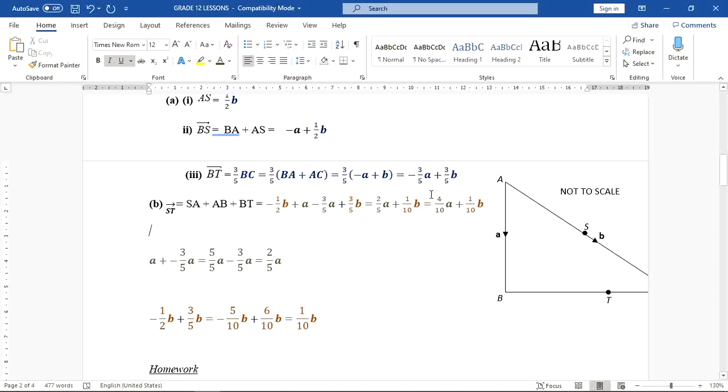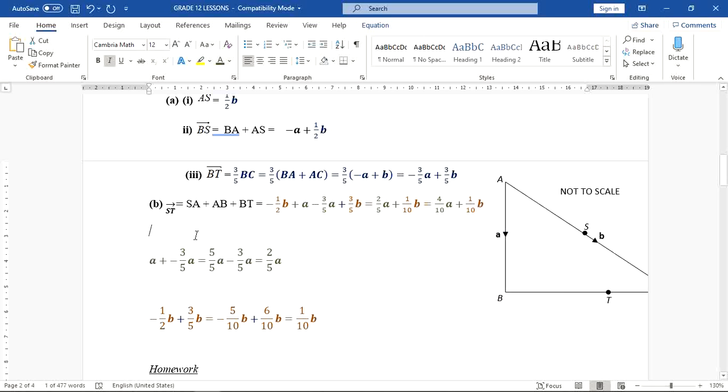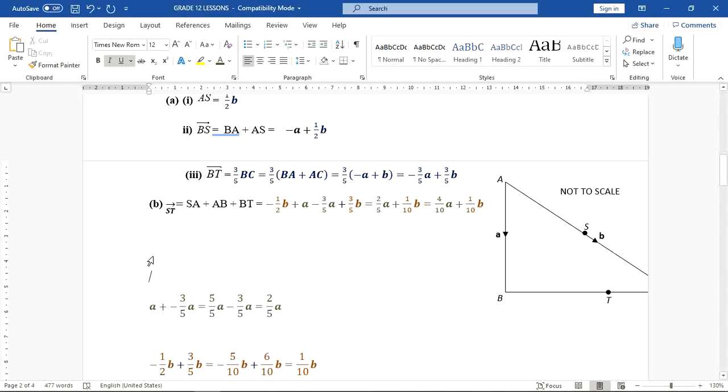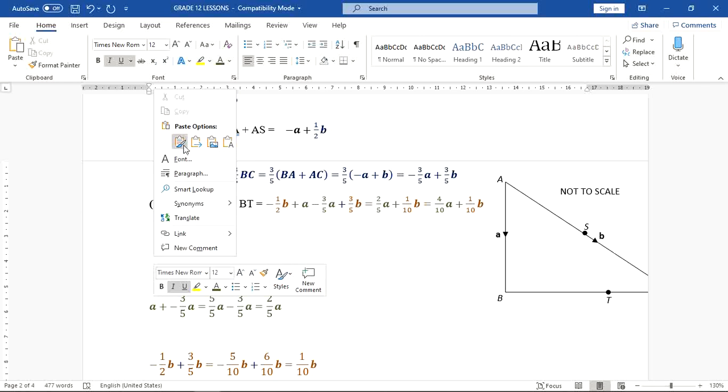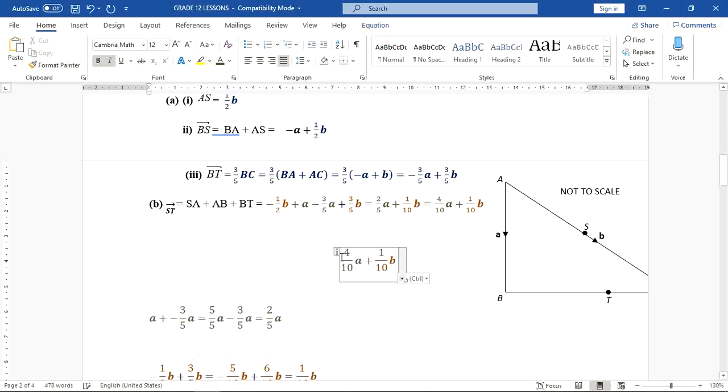So alright, once we reach this stage, we can now factor out 1 over 10, because 1 over 10 is now the common factor. Okay, let's just bring it here. Easy now. Bring it here. We paste. Bring it to the left.